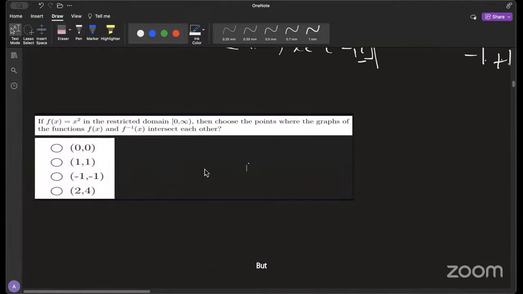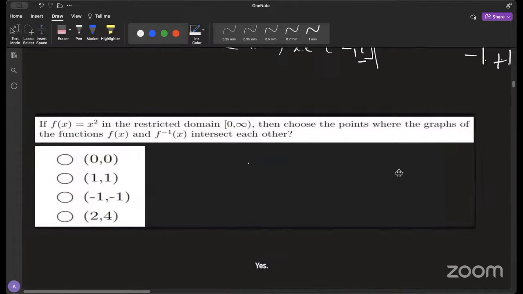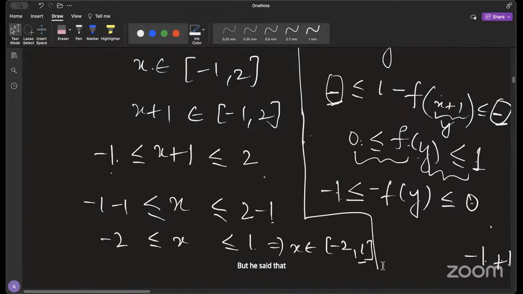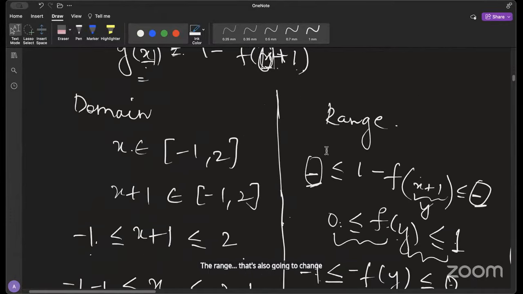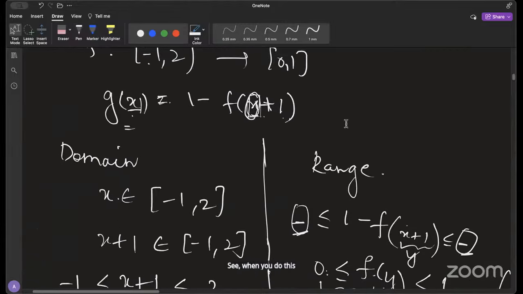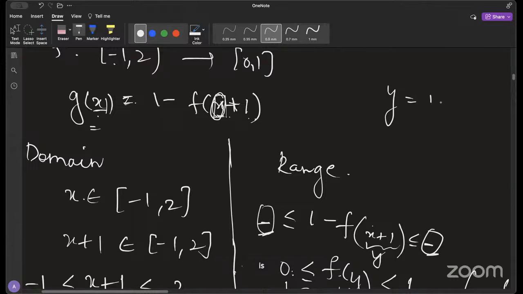But let's come to this one. He said the range remains the same, but is this method right or not? The range is also going to change. Let's say you have y equals 1 minus f(x).